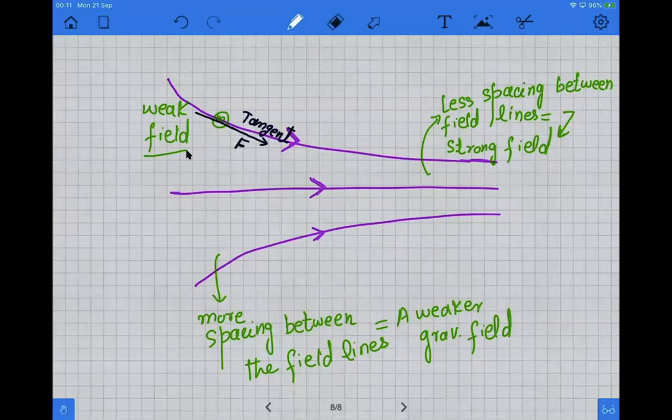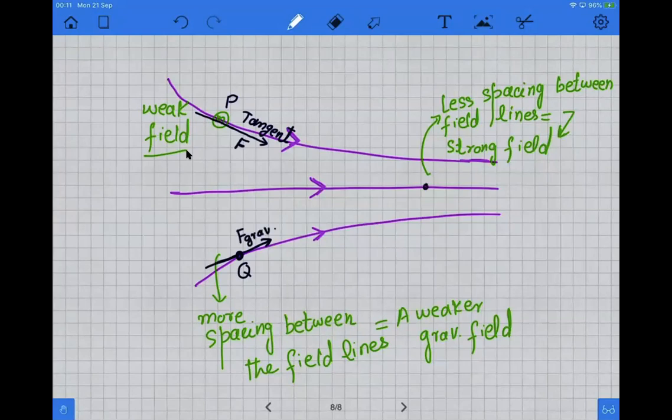For example, if you want to see force at this point, point P, and now you keep a mass at point Q, then you need to draw a tangent again, and this tangent will represent the gravitational force.